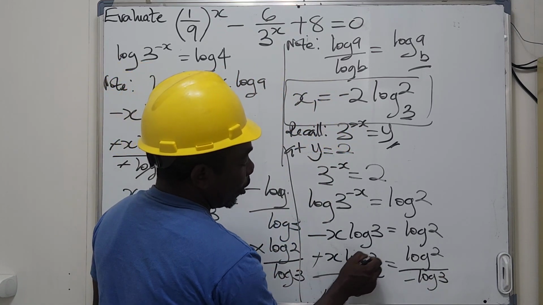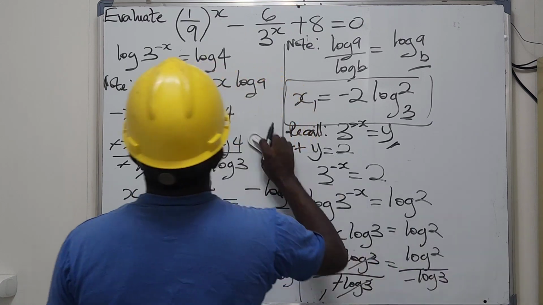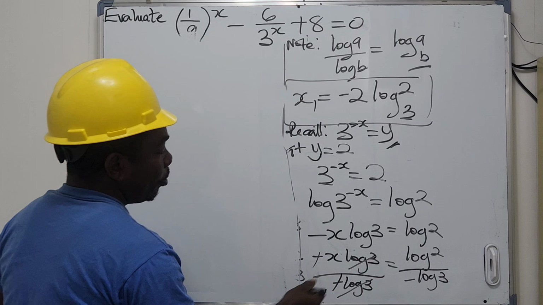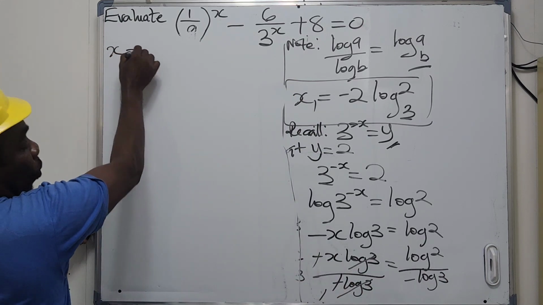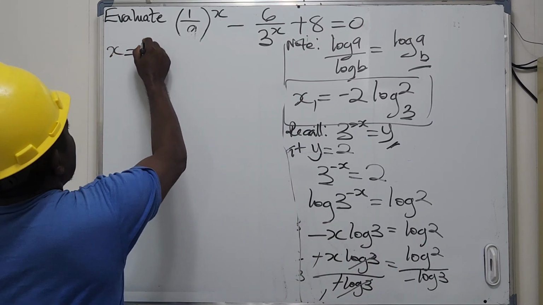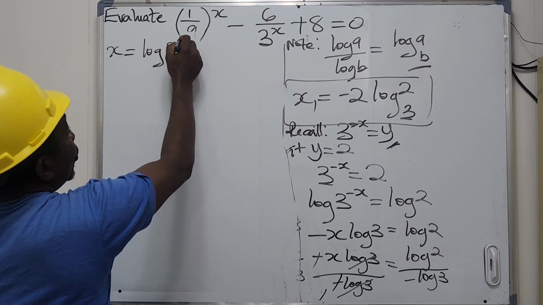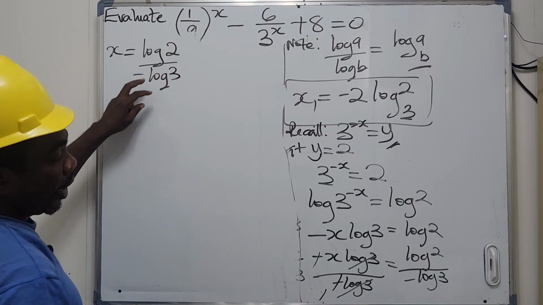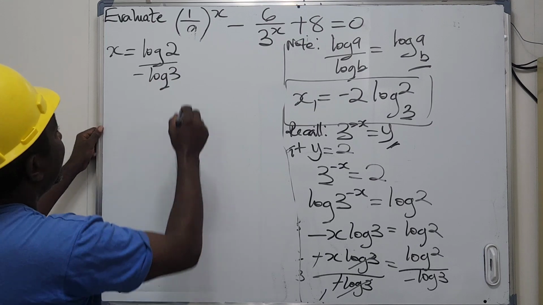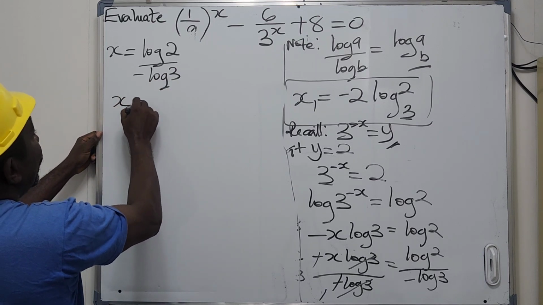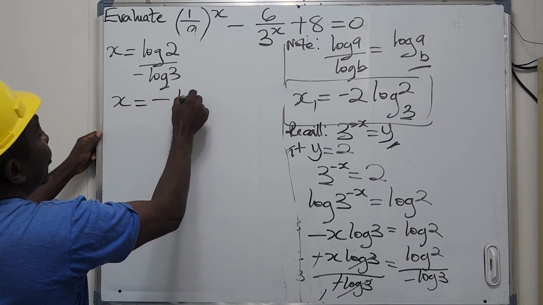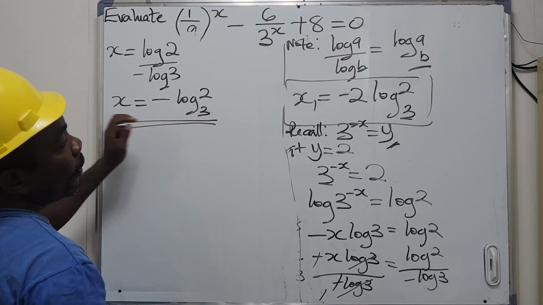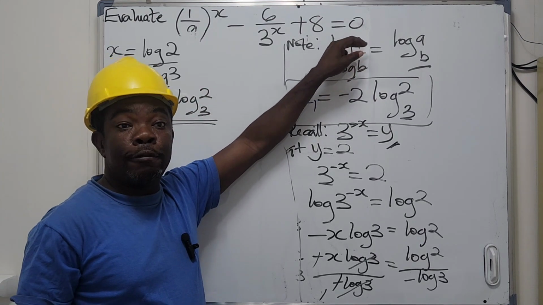Log 3 will cancel here and log 3 will cancel here. Therefore, our value of x from that equation will become x equals log 2 all over minus log 3. So this can be written as x equals minus log 2 base 3, as we said from this equation, change of base.